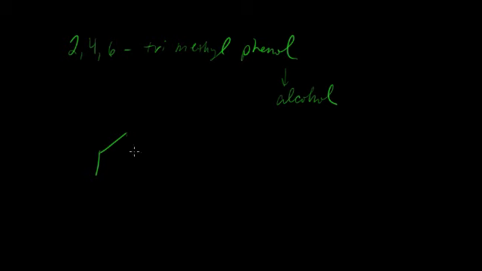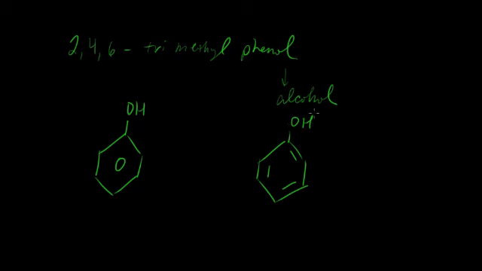So I'm going to write this in both ways that we can write a benzene ring: the circle, or the 6-membered ring with the alternating double bonds. Now, let's put the OH at top. And since that dictates all of the numbers, that's going to be 1.